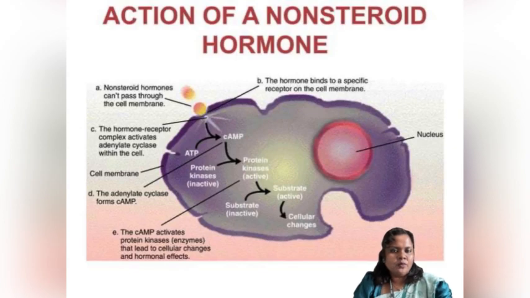And in the third, the hormone-receptor complex activates adenylate cyclase within the cell. Then the adenylate cyclase forms cyclic AMP. This cyclic AMP activates the protein kinases, which are the enzymes that lead to the cellular changes and hormonal effects.